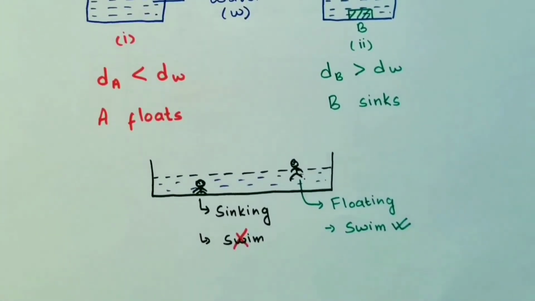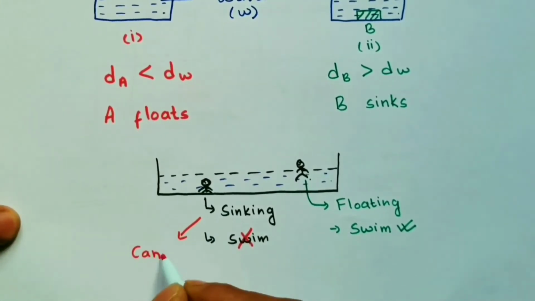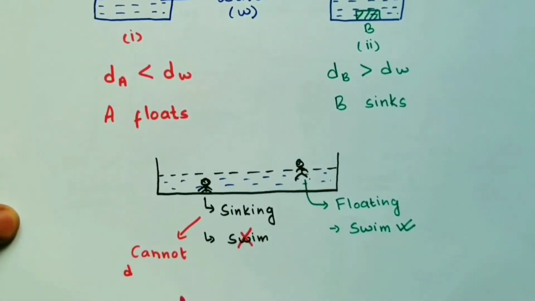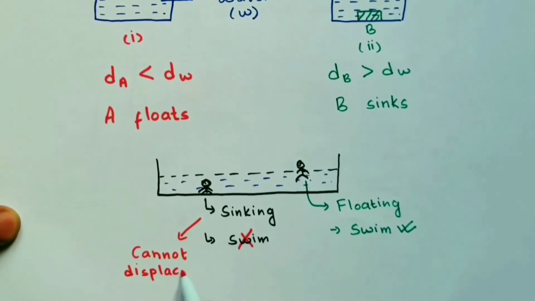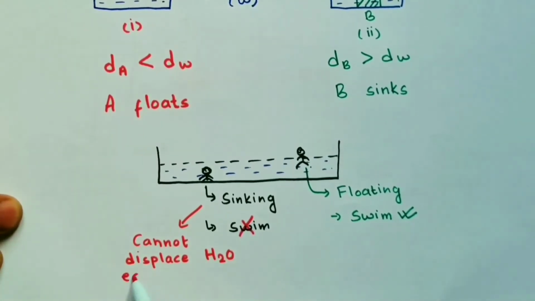In this first scenario, this person is sinking because he cannot displace liquid equal to his own weight, because he does not know swimming. So the displaced water is not equal to his own weight, and he is sinking.